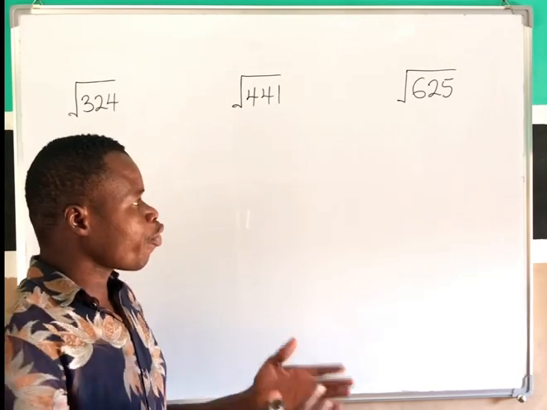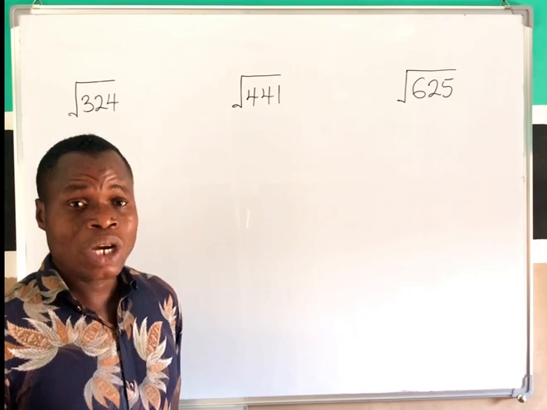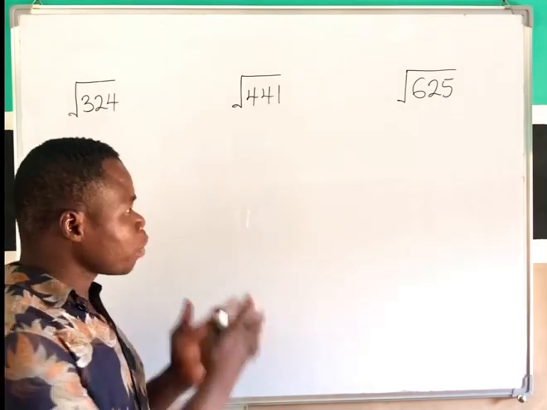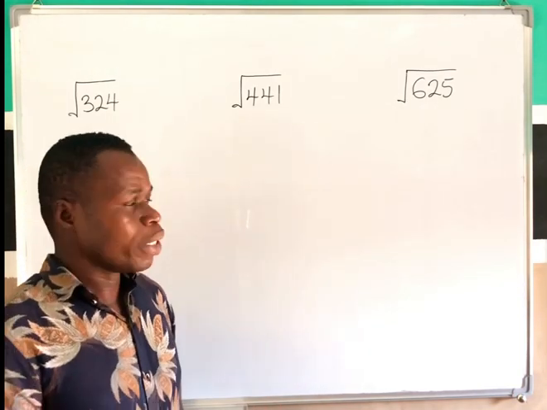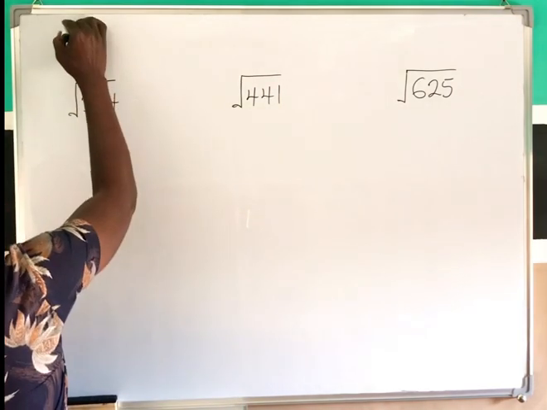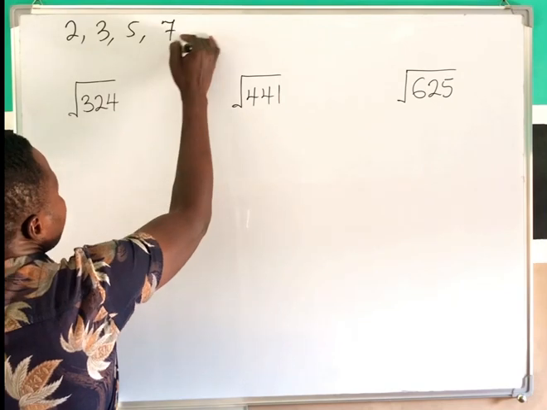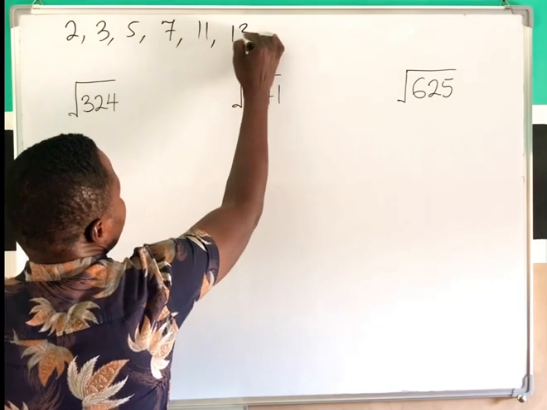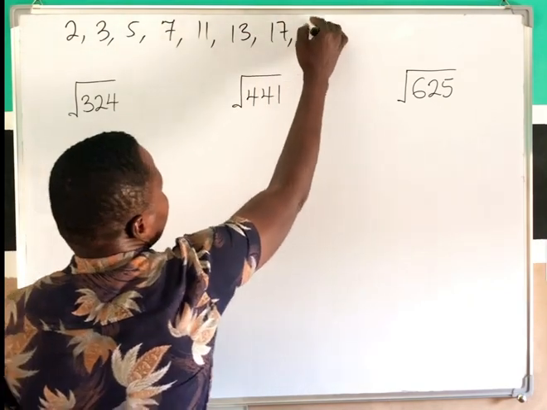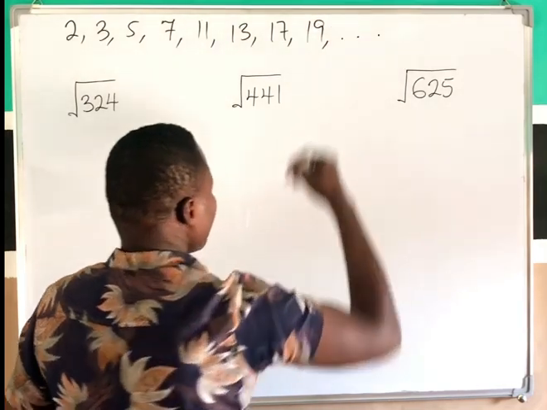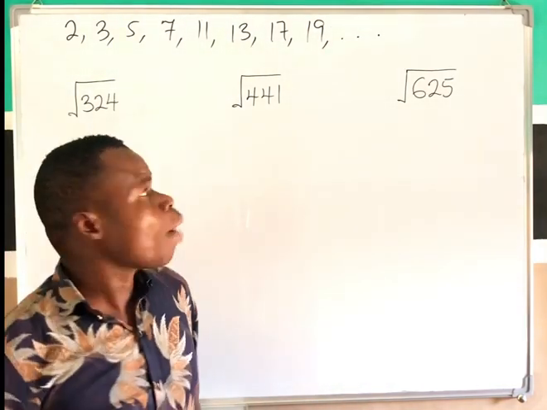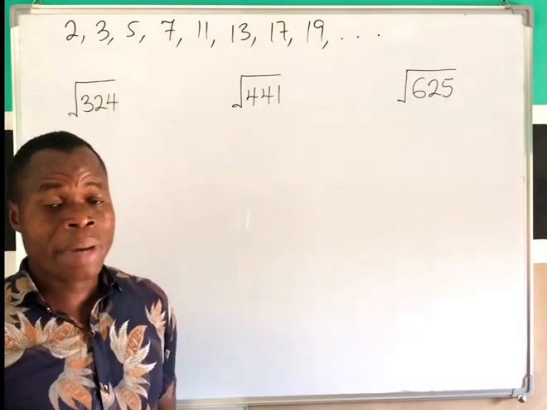When we used the repeated subtraction method, we first listed odd numbers, but this time you first list prime numbers. So my prime numbers are 2, 3, 5, 7, 11, 13, 17, 19, and so on. I'm going to use these prime numbers to generate my answers.